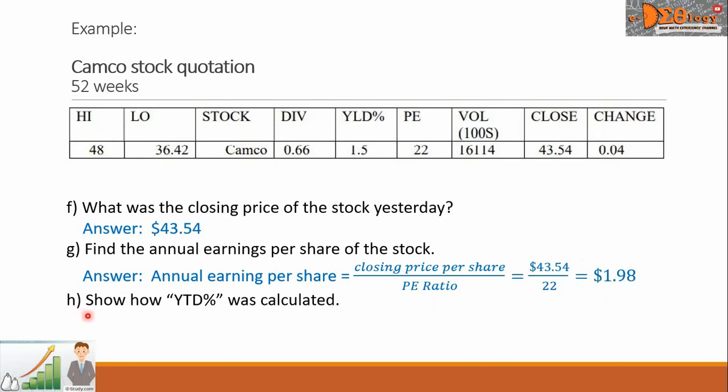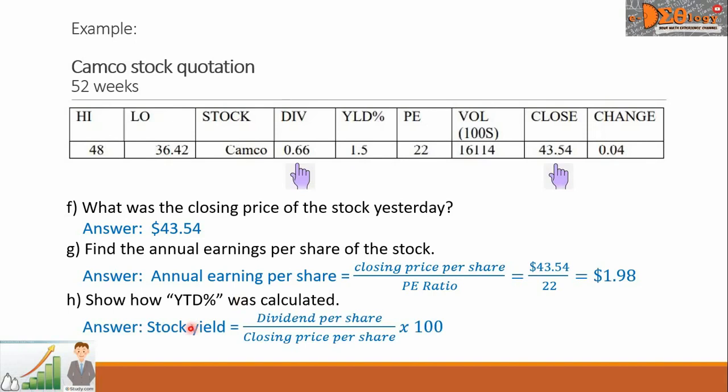Letter H, show how YTD percent, this is the stock yield, was calculated. So we are going to know where this 1.5 came from. Our formula is this. Stock yield equals the fraction, the numerator is dividend per share, over the denominator, closing price per share, times 100.